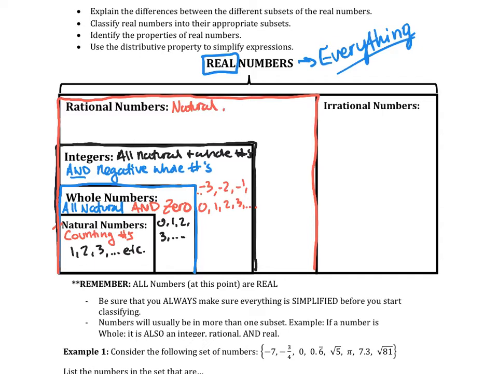So natural numbers, whole numbers, integers, and now rational is when we include positive and negative fractions and decimals.